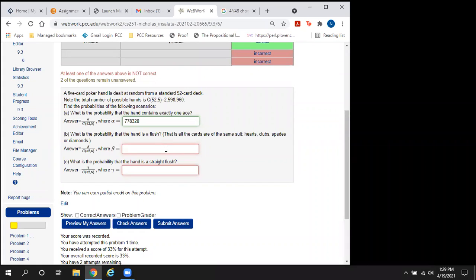So what's the probability that the hand is a flush, which means that all the cards are the same suit? Okay, so again, we're dividing by that same total here, but how do we count up how many ways you can get a flush? Any ideas?